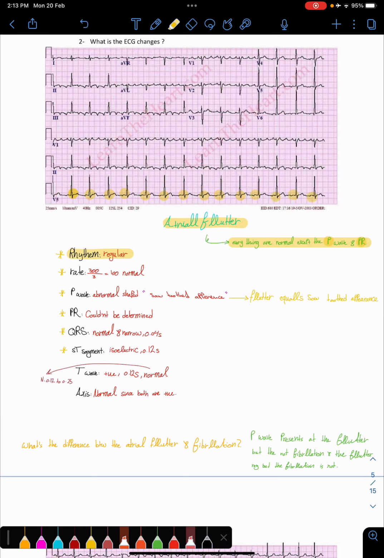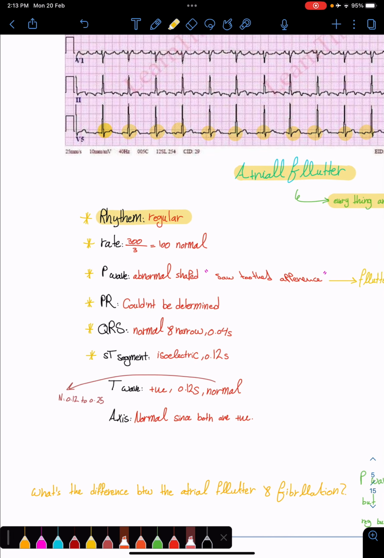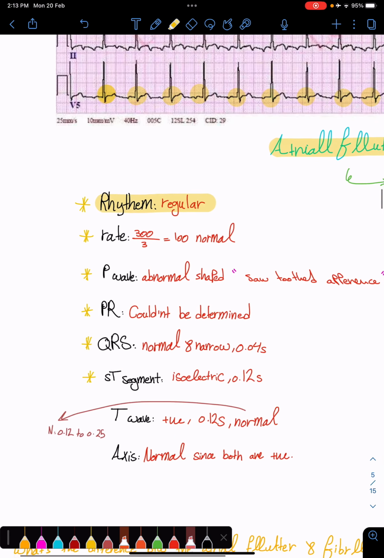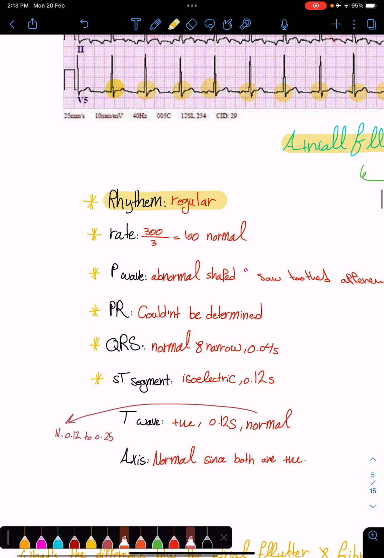The rate is going to be normal, which is going to be 300 over the R-R interval because it's regular. Once it is irregular, we multiply by 6.